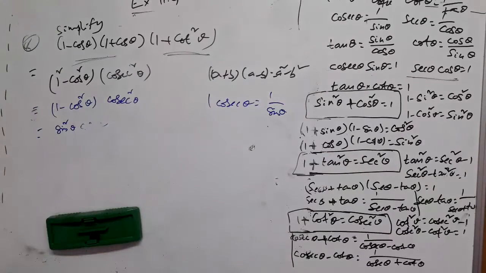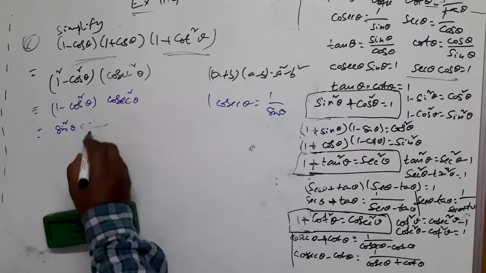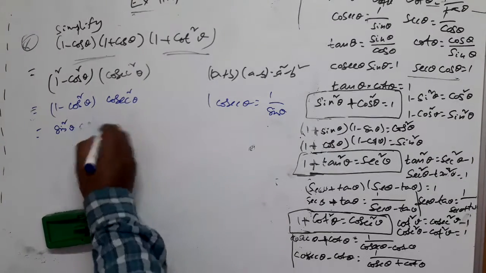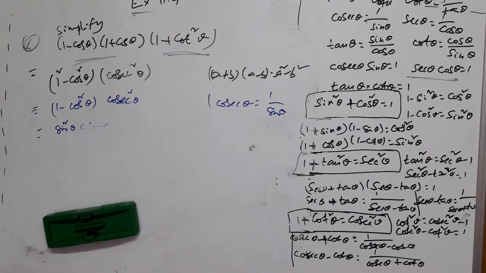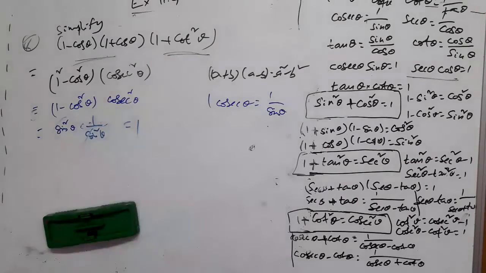So this is 1 by sin square theta. These two get cancelled, and you will get 1. The value of that is 1.